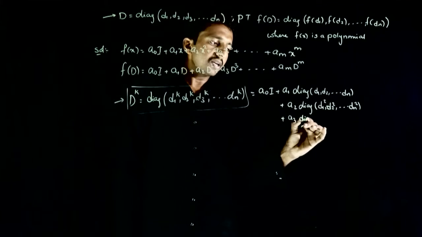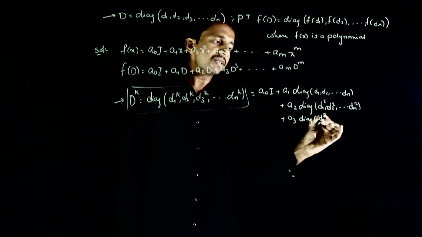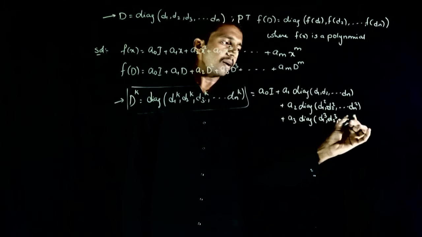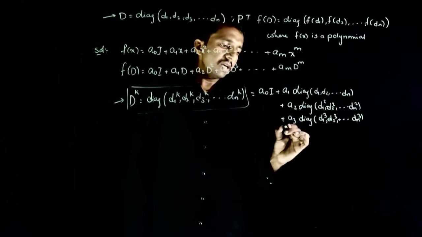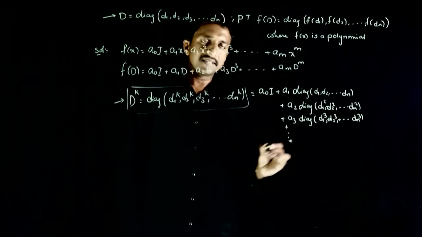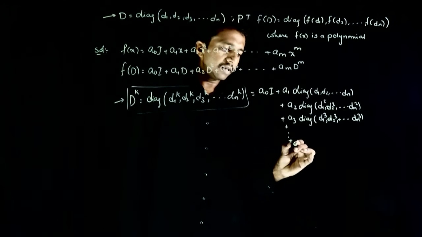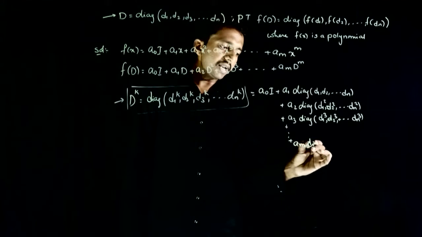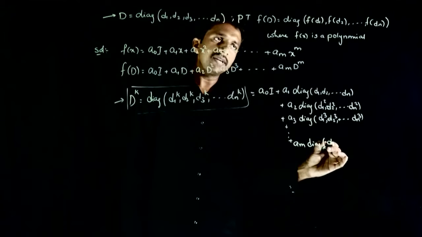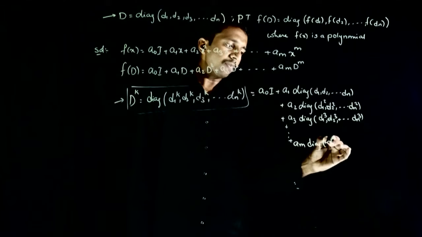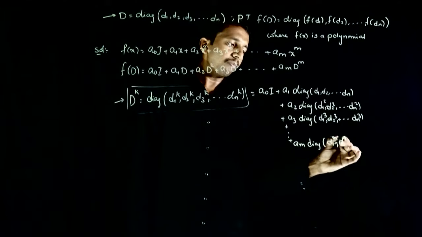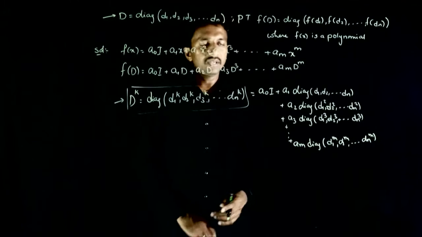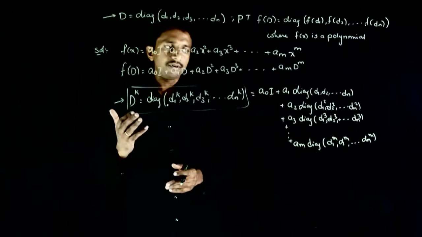D cube is a diagonal matrix whose diagonal elements are d1 cube, d2 cube, so on up to dn cube, plus so on plus am into d power m, which is nothing but a diagonal matrix whose elements are d1 power m, d2 power m, so on up to dn power m. So this is my f of d.